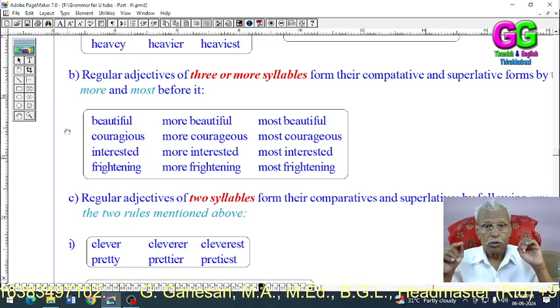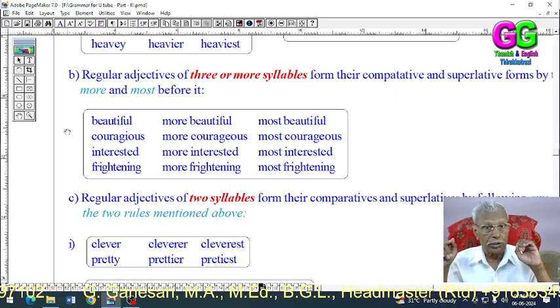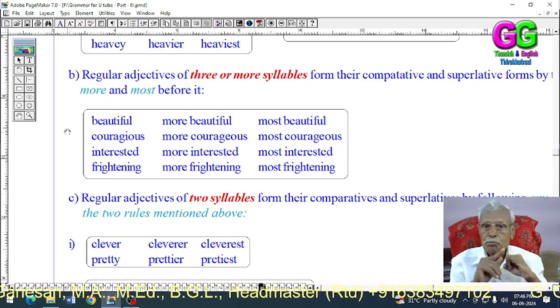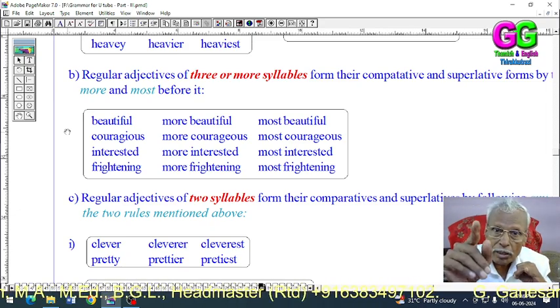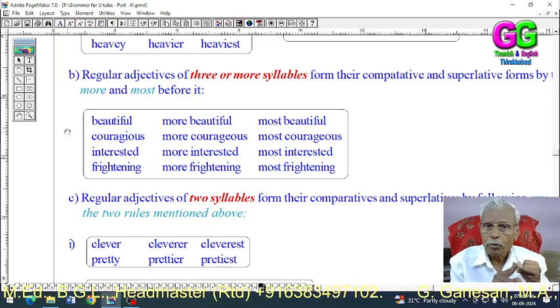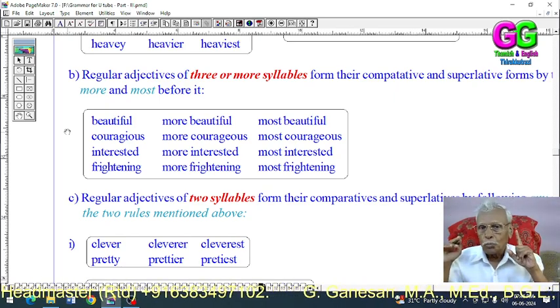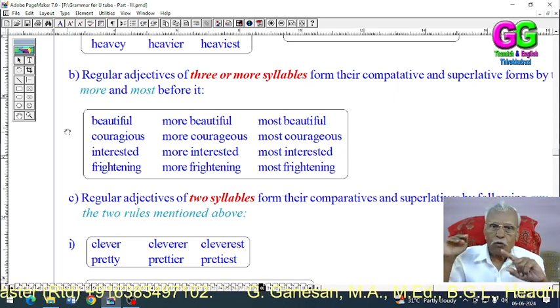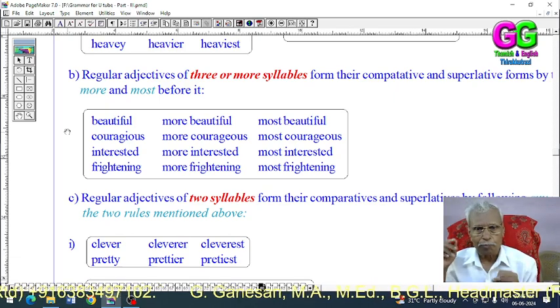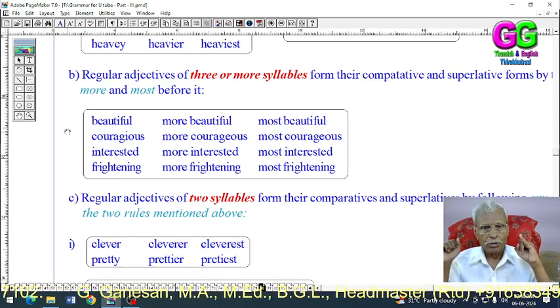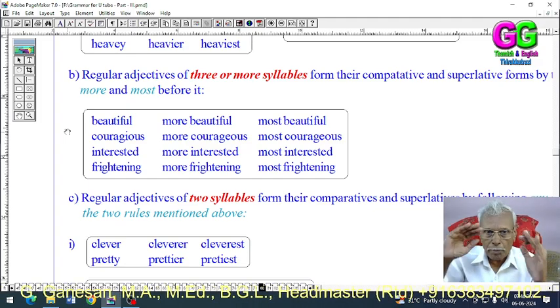Bisyllabic adjectives form their comparative and superlative in either way: following the rules of monosyllabic words or the rules of polysyllabic words.